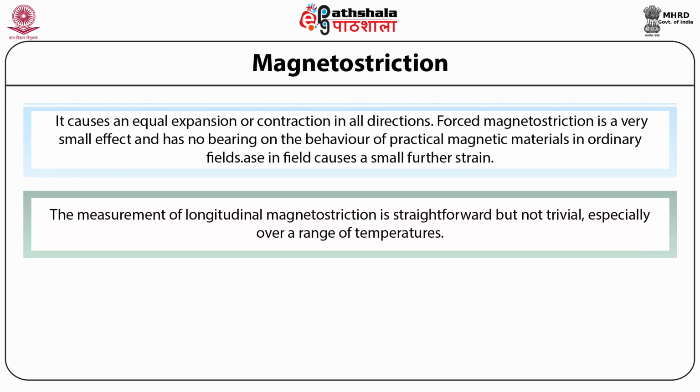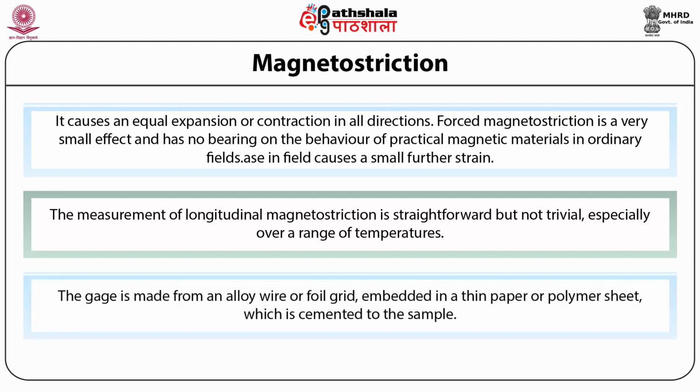While early investigators used mechanical and optical levers to magnify the magnetostrictive strain to an observable magnitude, today this measurement on bulk samples is commonly made with an electrical resistance strain gauge cemented to the specimen.